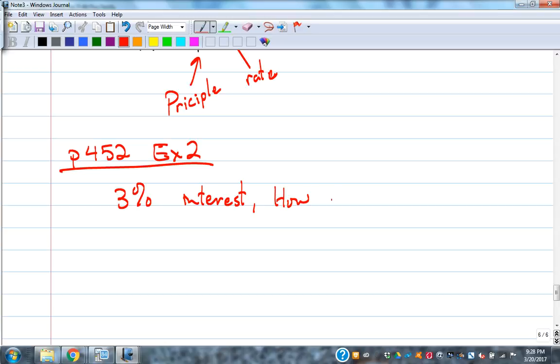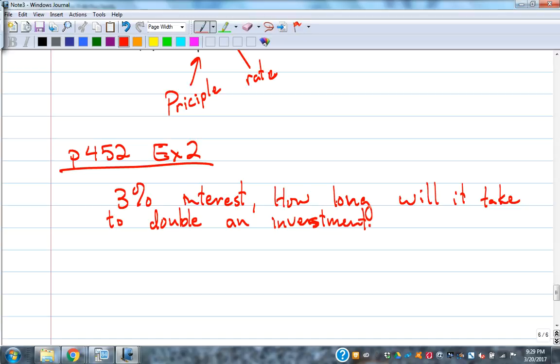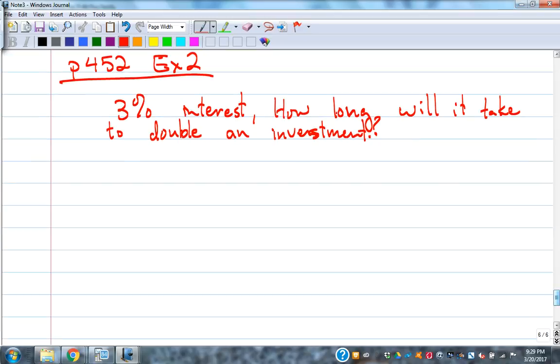How long will it take to double an investment? But they don't tell you how much the investment is. Doesn't matter. That's exactly right. It doesn't matter what your original investment is. We're trying to double it.